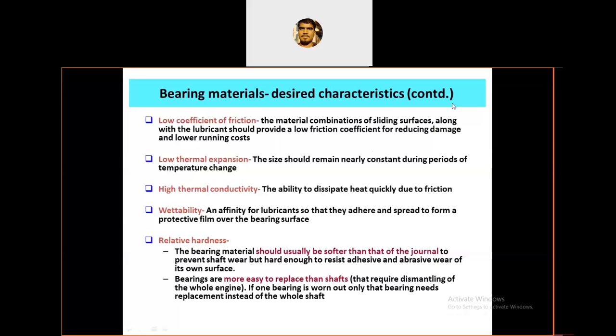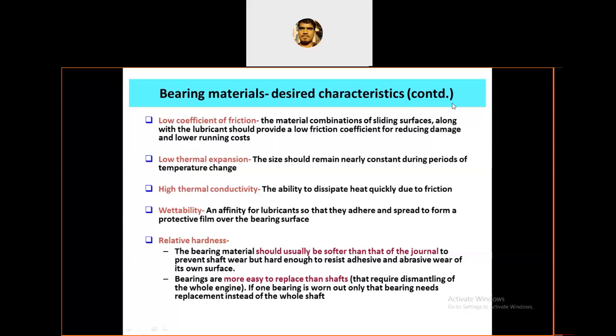It increases the load carrying capacity and also decreases the frictional force. A good bearing material should have a low coefficient of friction to increase the load carrying capacity as well as to reduce the friction force.